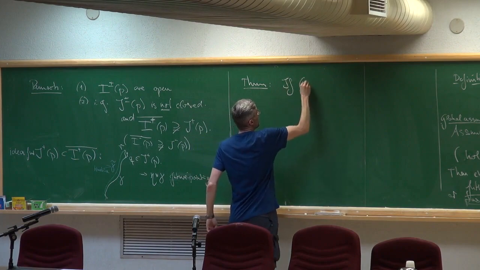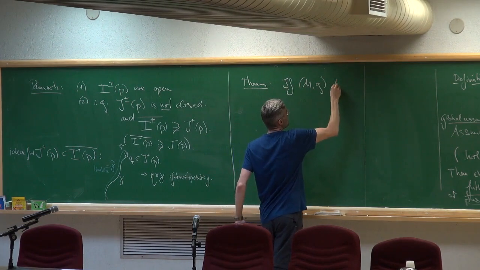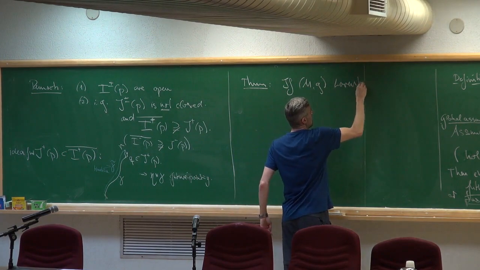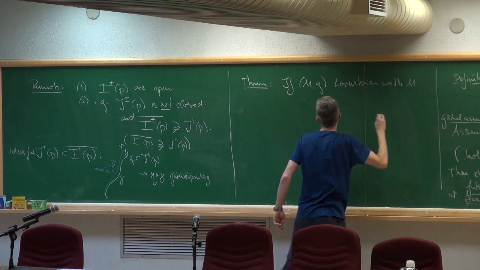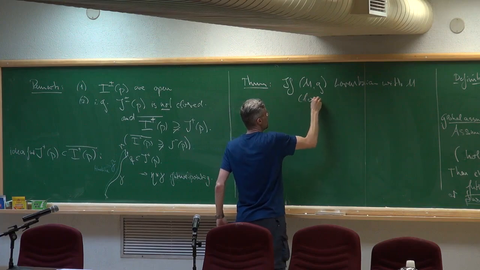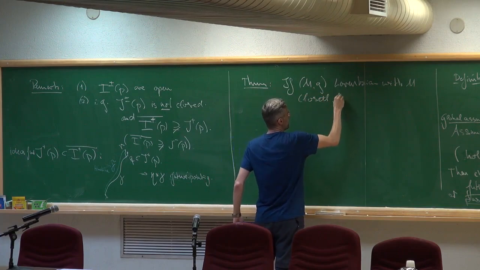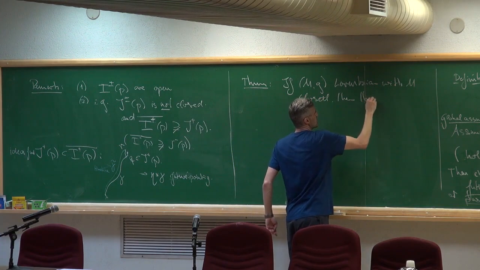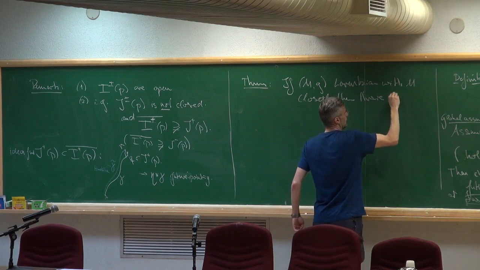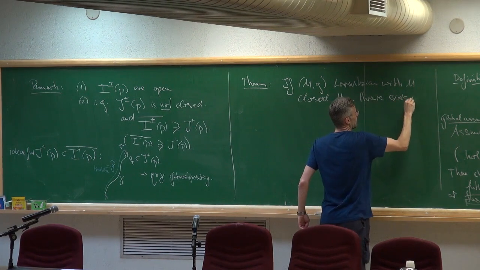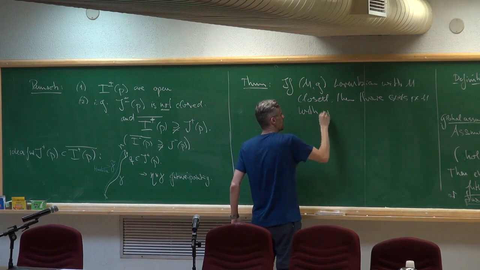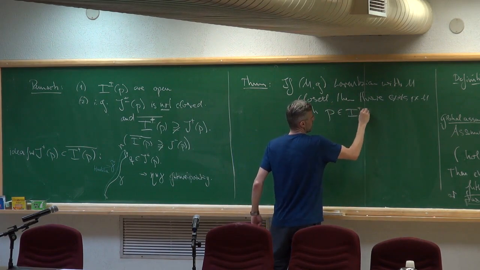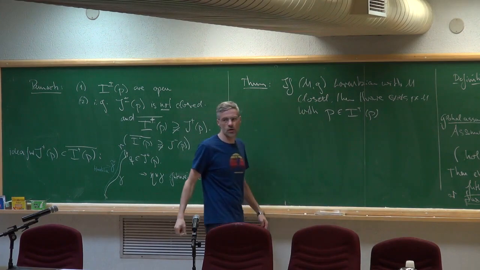If (M, g) is Lorentzian with M closed, then there exists P in M with P contained in its own chronological future.